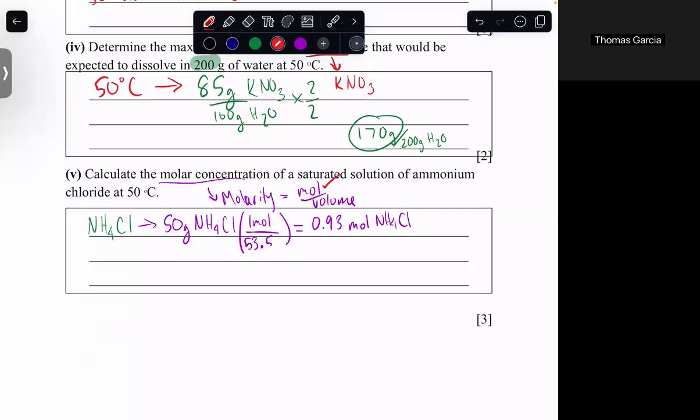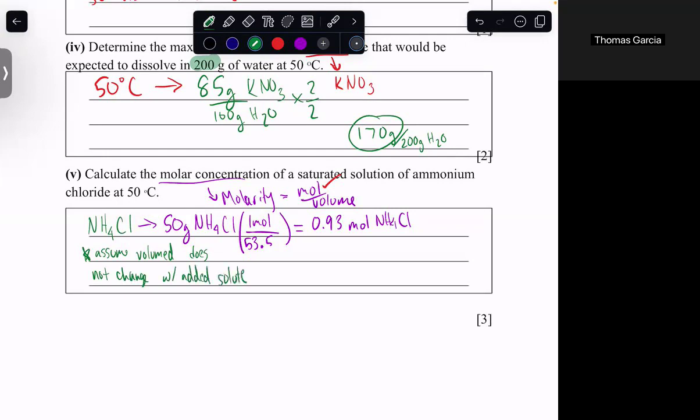Now, as for liquids, generally when we dissolve solids in liquids, the change in volume is not that noticeable. So you have to make an assumption here, and the IB is looking for this assumption. You want to assume volume does not change with added solute.